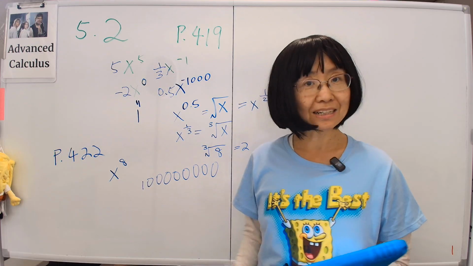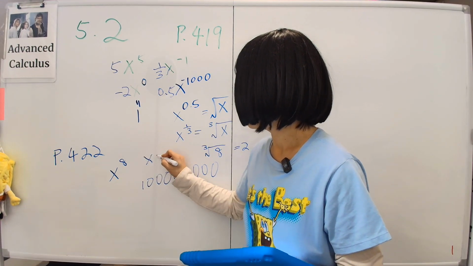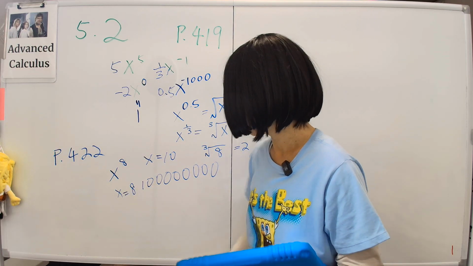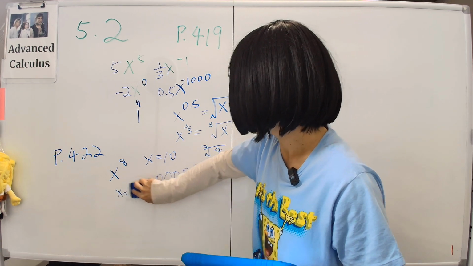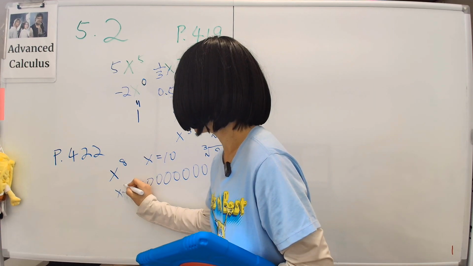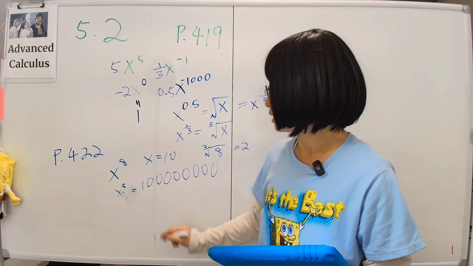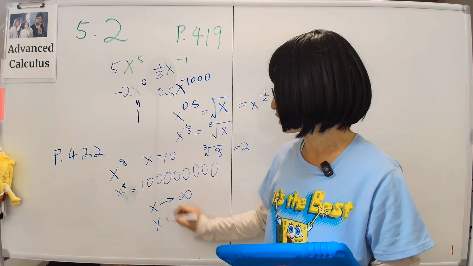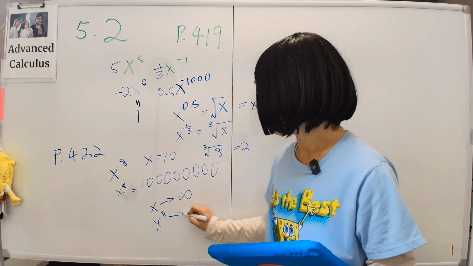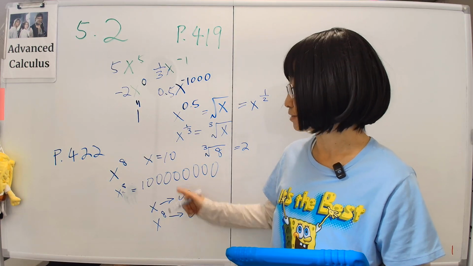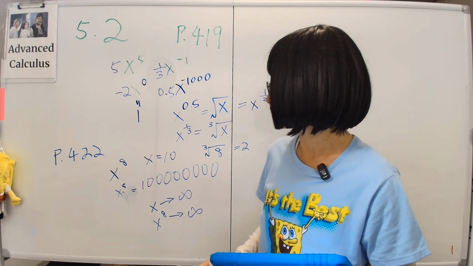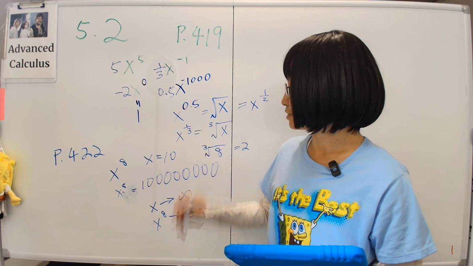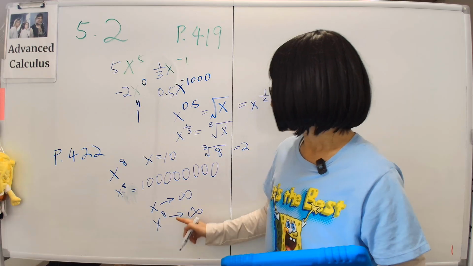Whatever this number is, that's what x to the power 8 equals if x equals 10. So as x goes to infinity, x to the power 8 also goes to infinity, and very quickly because it's a power of 8. You get 8 zeros each time, and if x has 2 zeros, you get even more. So that is the conclusion.